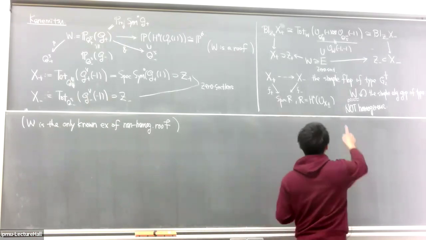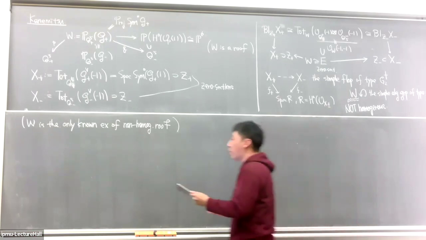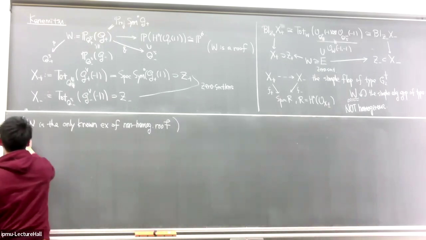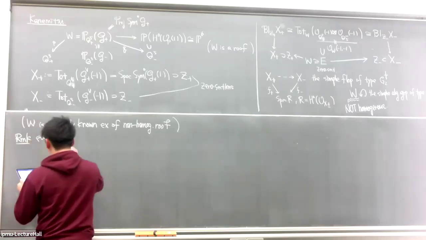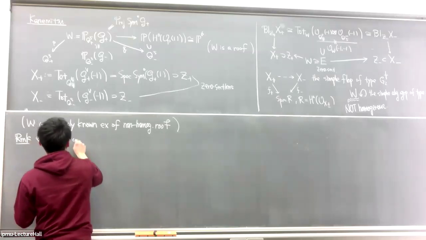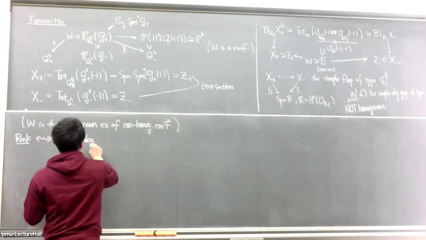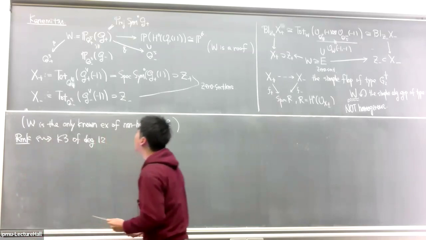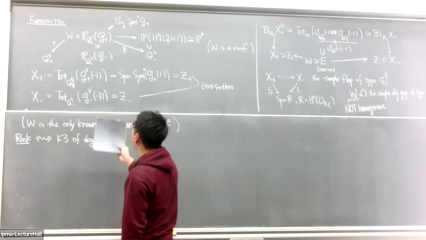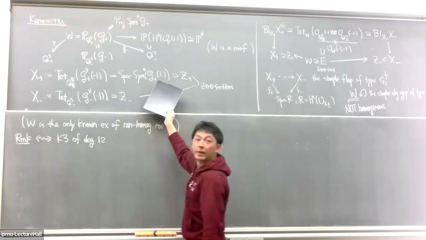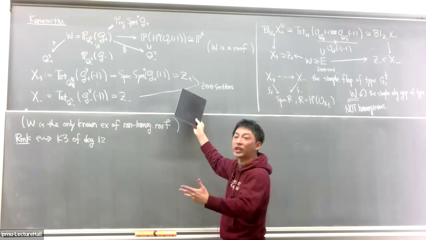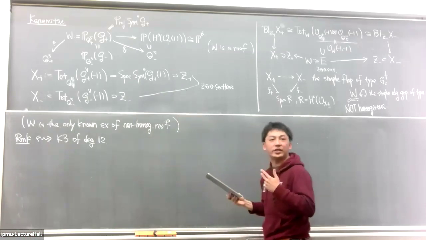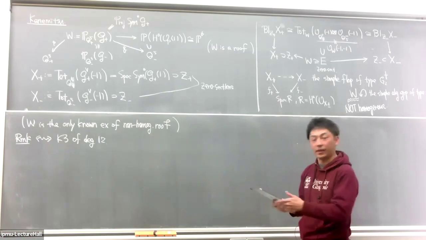And this example also has a relation to K3 surfaces. If you take a general section of this bundle and consider its zero locus, then it gives a K3 surface of degree 12.